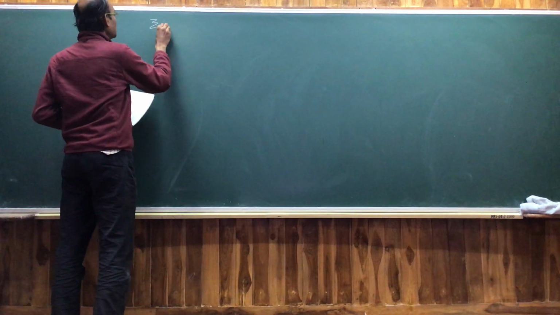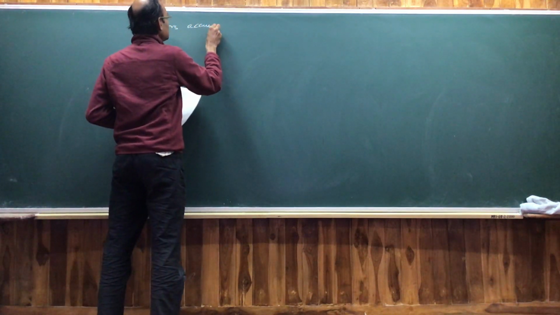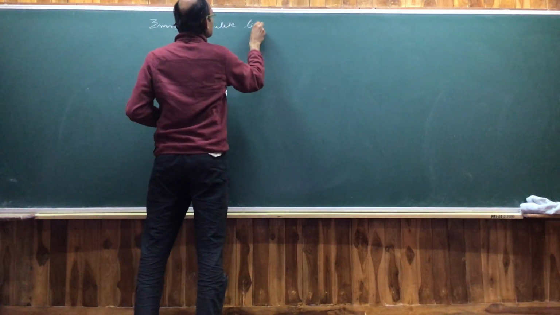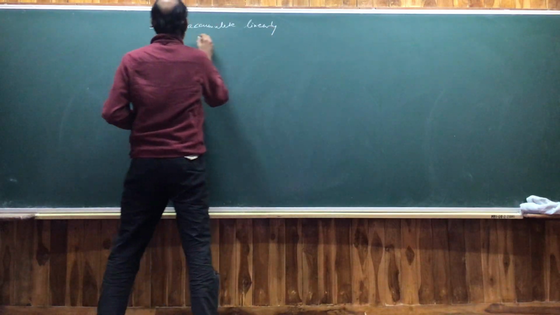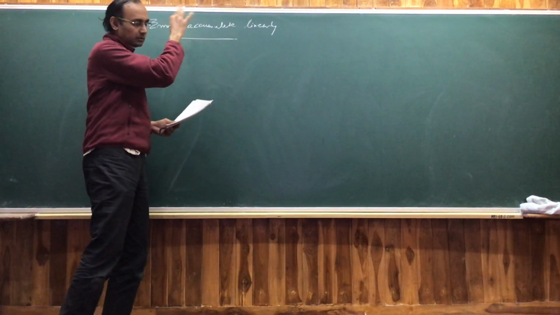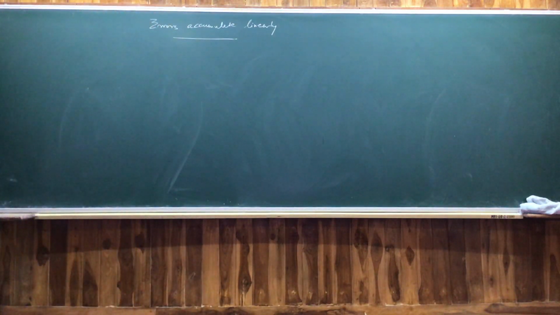So this is the vague thing. We will make it precise: what is error, what is linear.